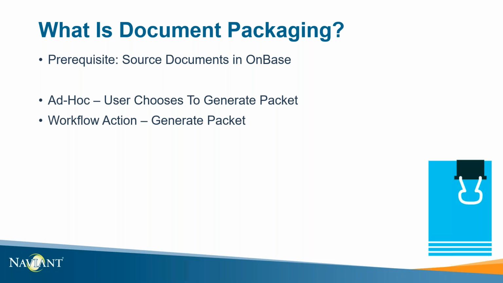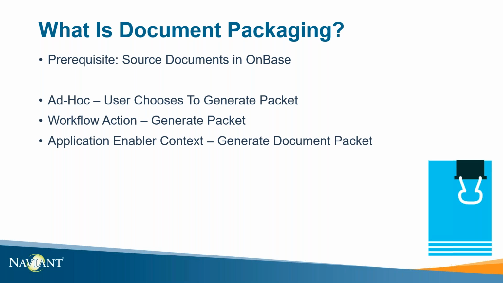Second, this could be invoked through a workflow action. You have a workflow process, and there's a workflow action called Generate Packet that can generate that as part of the business process that you might have configured. We also want to point out, and we're not going to really talk about this during the webinar beyond this point, OnBase Application Enabler.